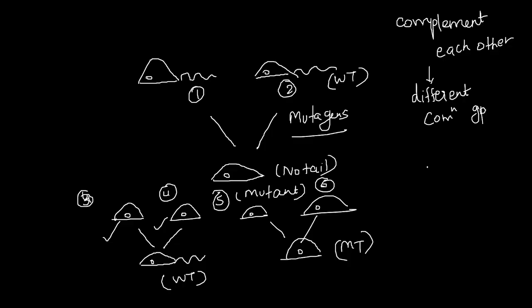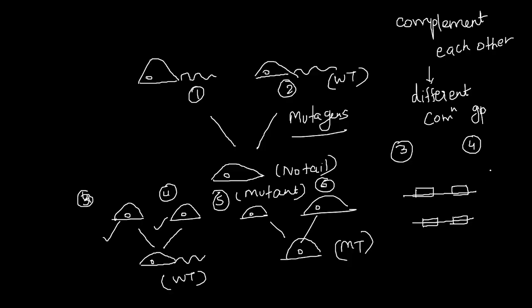Suppose in the case of mice 3 and 4, you know that the progeny will get one copy of the homologous chromosome from the mother and one copy from the father.